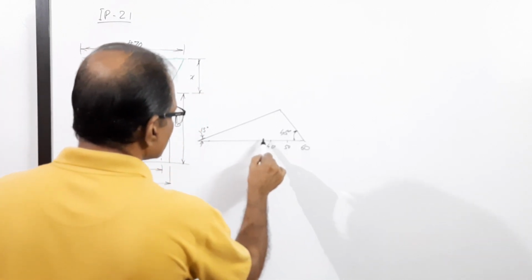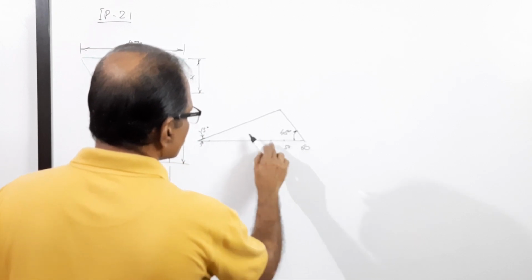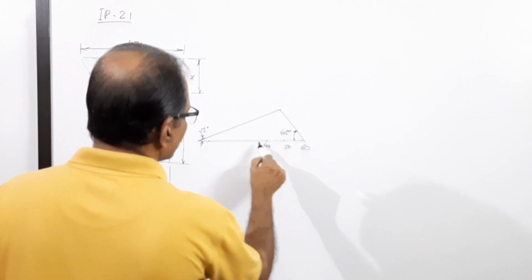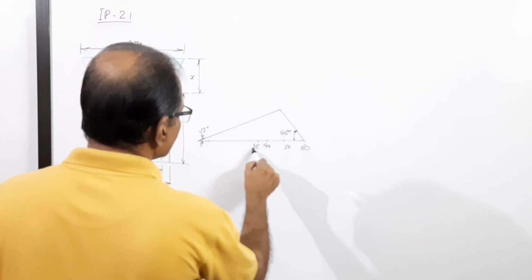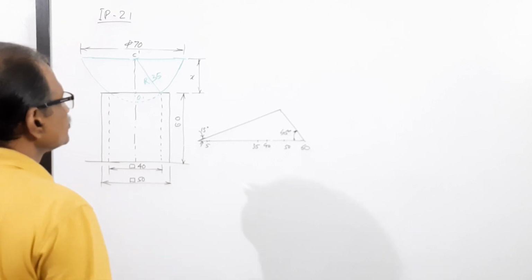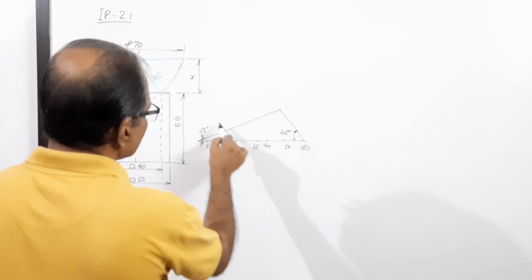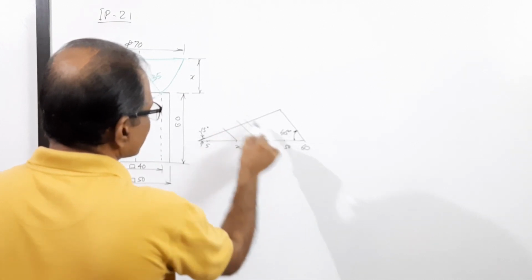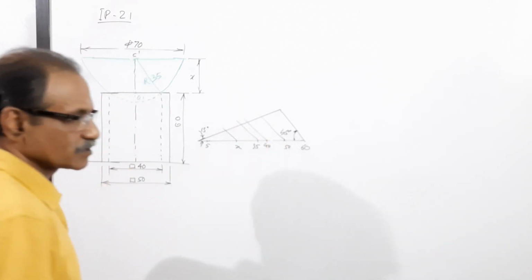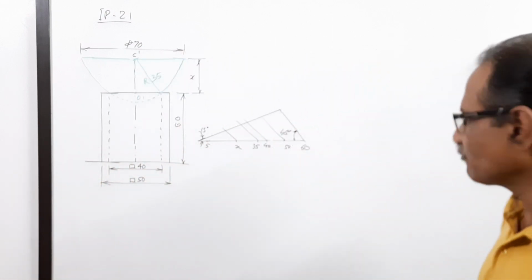You have to mark 35. You have to mark ISO 5. Then take x and mark x. Find out the corresponding ISO lines. Agreed?